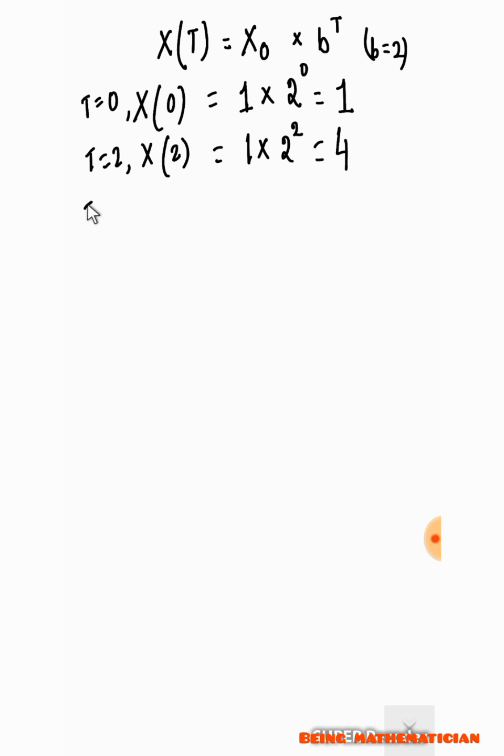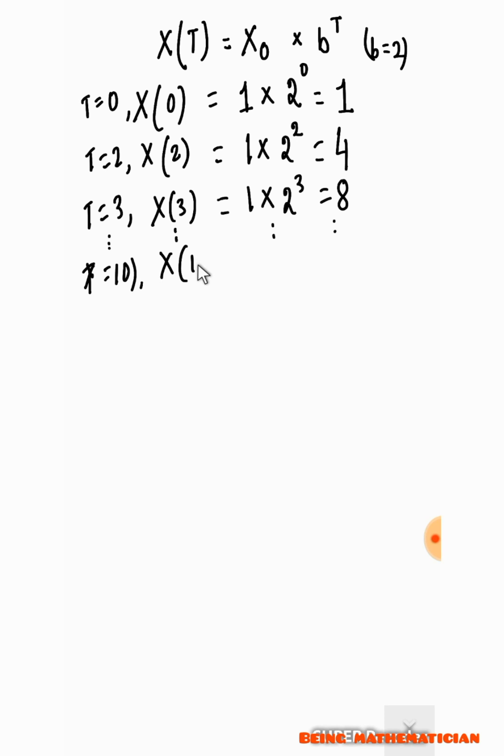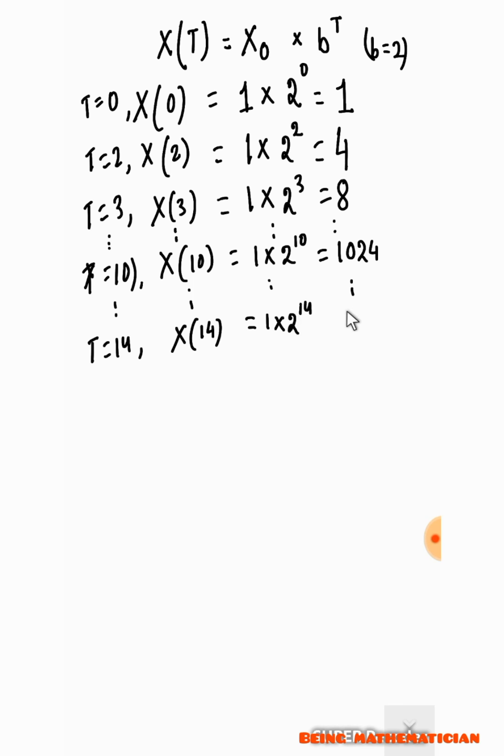When t equal to 3, x of 3 equal to 1 into 2 to the power 3, that will be 8. In a similar way, when t equal to 10, x of 10 equal to 1 into 2 to the power 10, that will be 1024. And when t equal to 14, x of 14 equal to 1 into 2 to the power 14, that will be 16384.